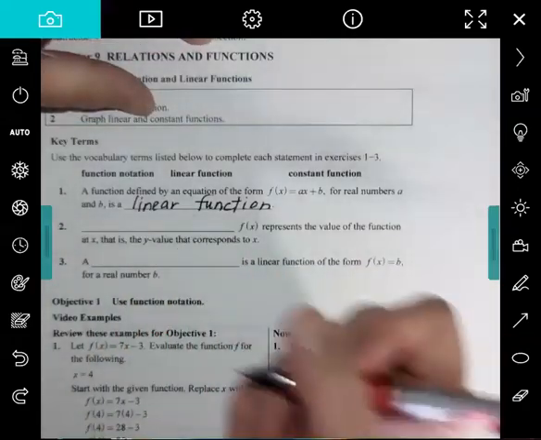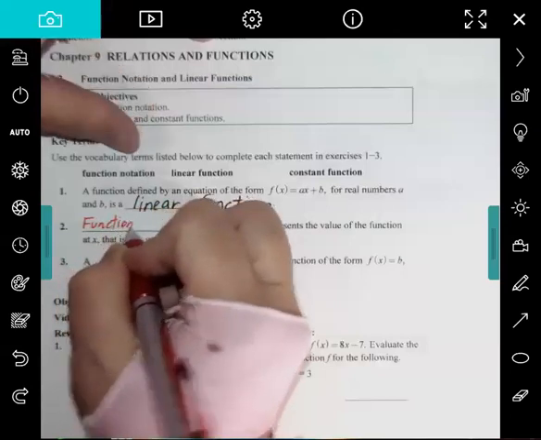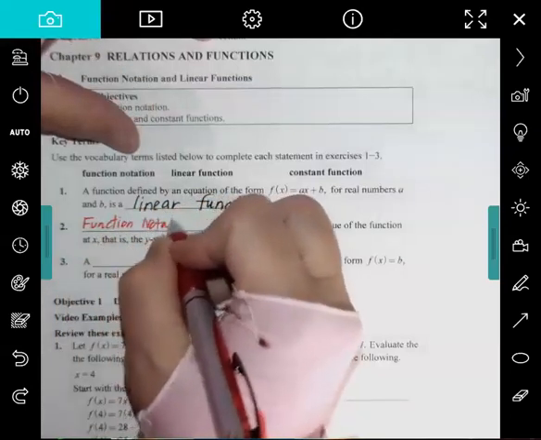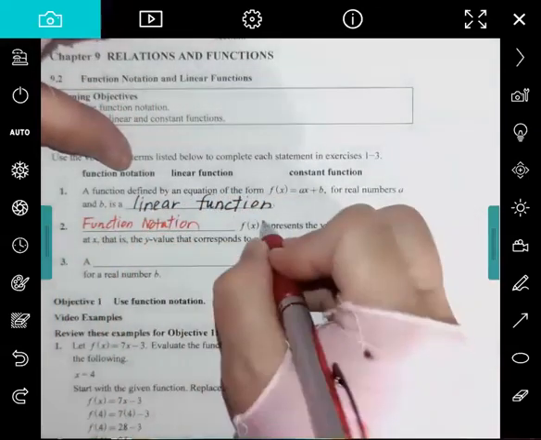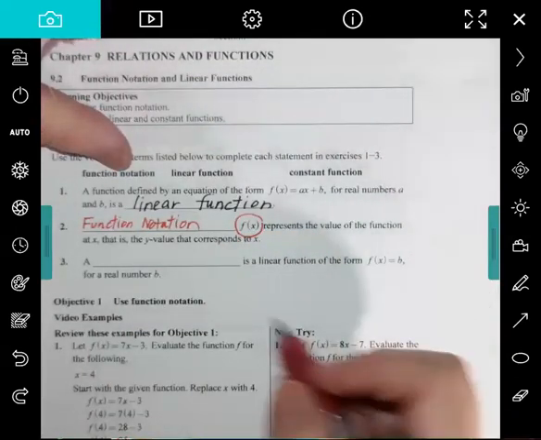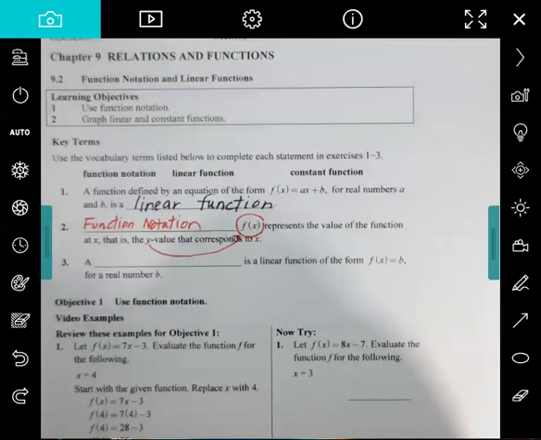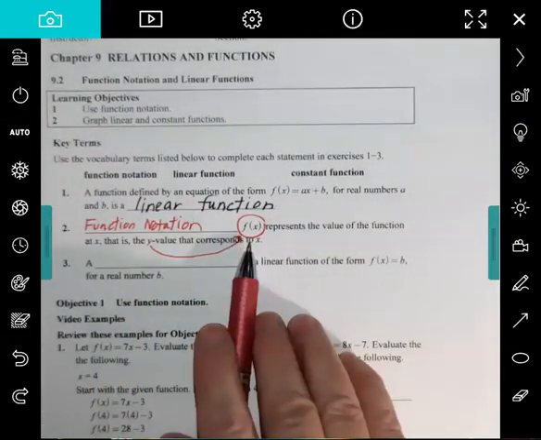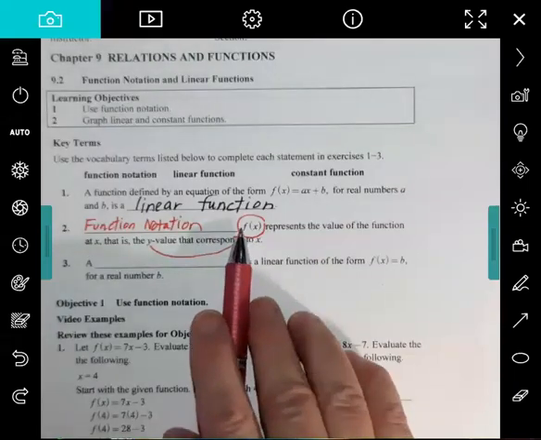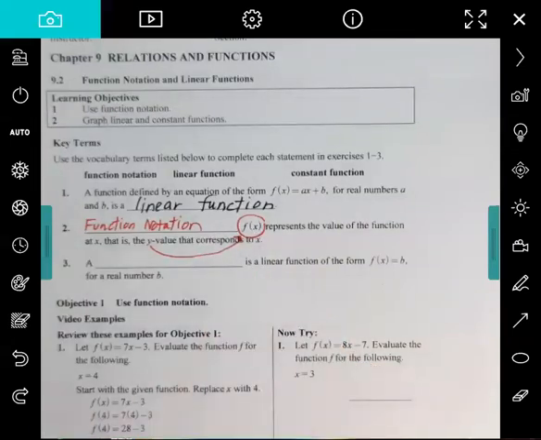So this is function notation, and we use it to represent the y value. That's a different way of writing y. Instead of writing it as y, we're writing it in function notation. And this just means the y value at that particular x.